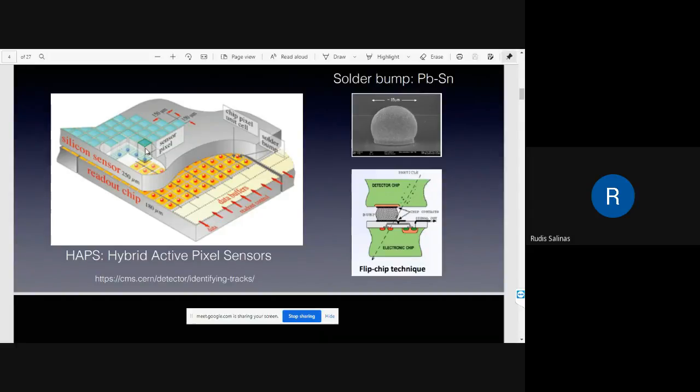The dimension is quite small, it's 150 micrometers. Each pixel has its own readout chip. In this way, we have enough precision to measure the position where the charged particle has traveled across each layer.